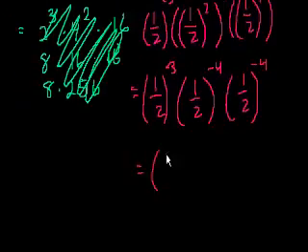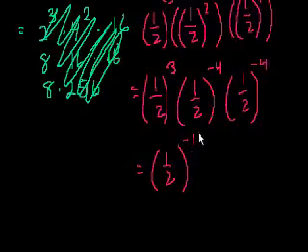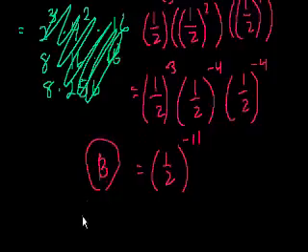So this is equal to 1/2 to the minus 3 plus minus 4 plus minus 4, which is minus 11. So it's 1/2 to the negative 11th power, which is choice B. And that was a good lesson there. Look at your choices before you go down some path, because I was actually going to evaluate this thing, which would have taken a little bit of extra time.